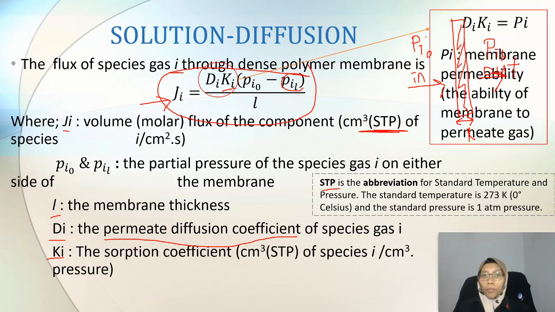The product of the diffusion coefficient and the sorption coefficient is what we call permeability, P. Permeability measures the ability of the membrane to permeate the gas.